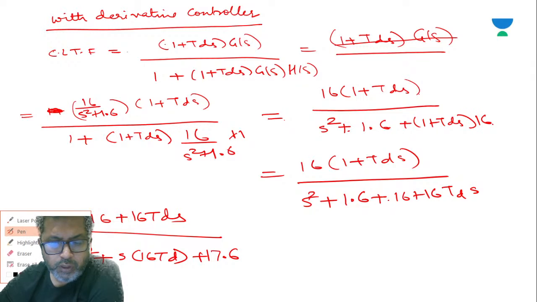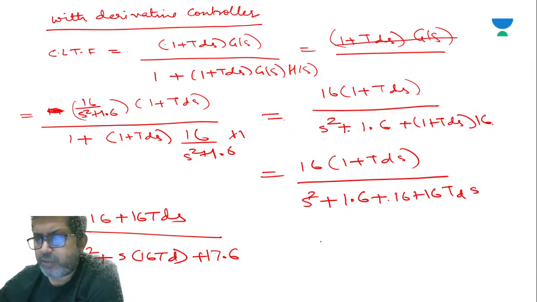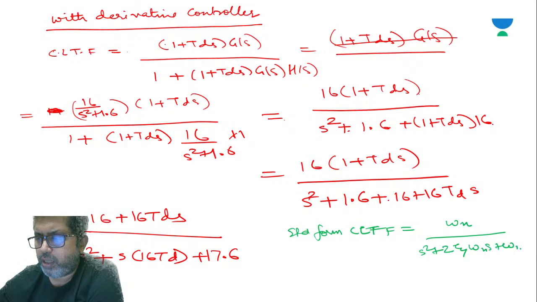Now let us compare with the standard form. What is the standard form? The closed loop transfer function is equal to omega n square divided by S square plus 2 zeta omega n S plus omega n square.